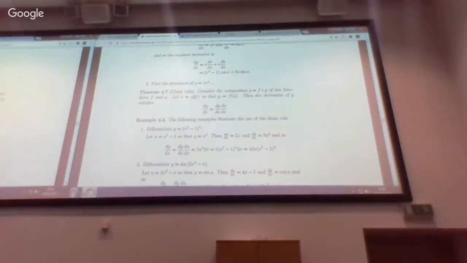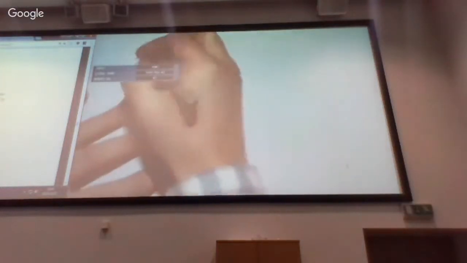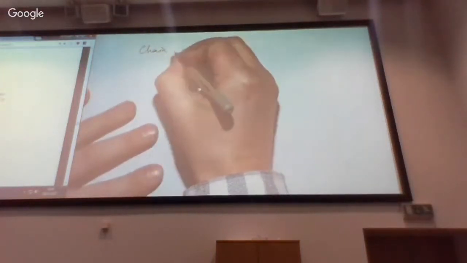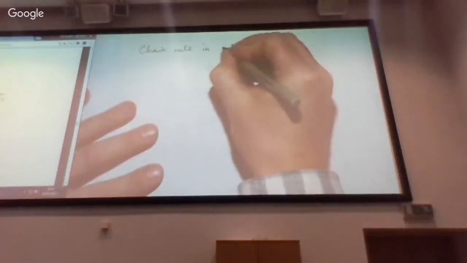Or, I normally prefer it in the other kind of notation. So this is the chain rule in the other notation.